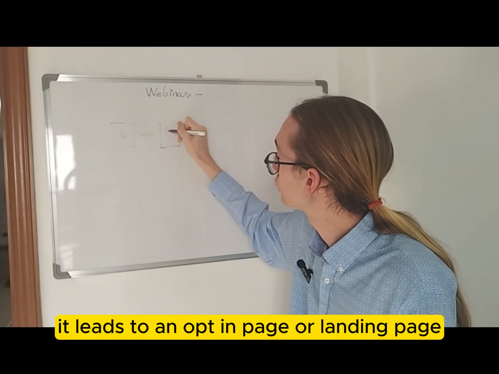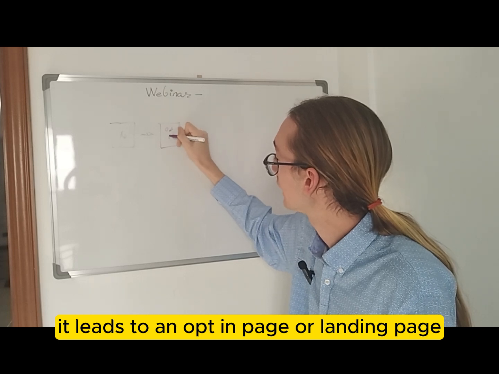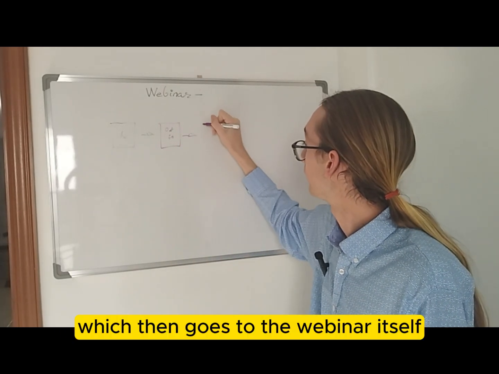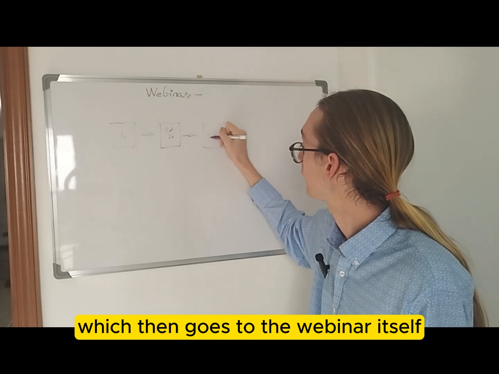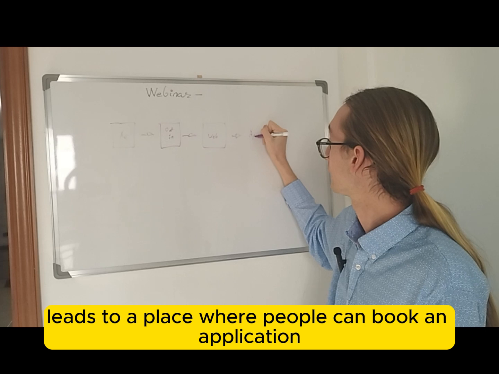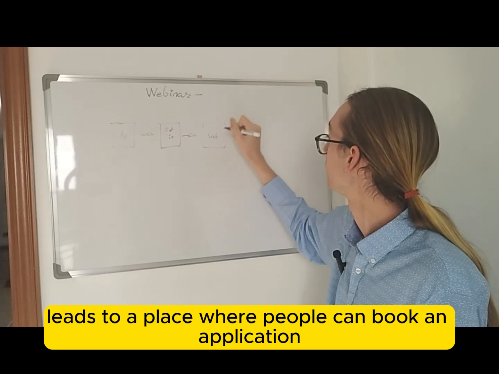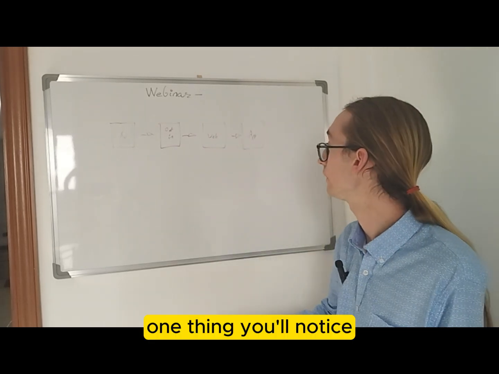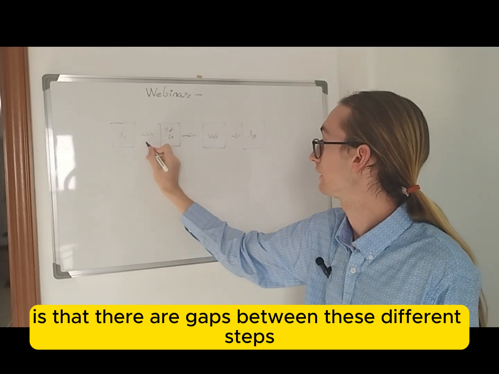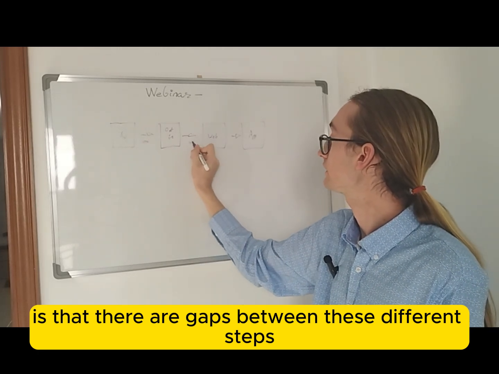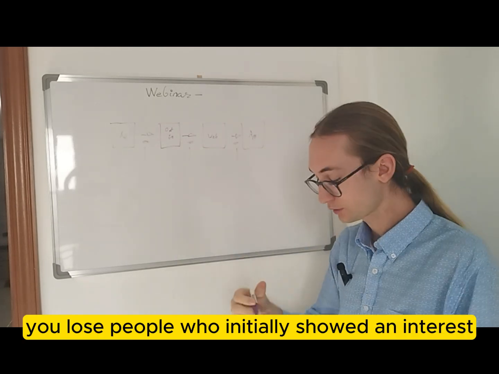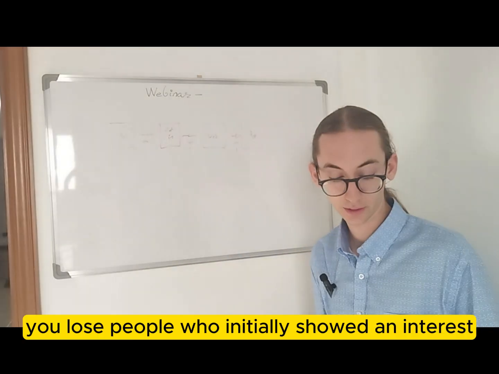It leads to an opt-in page or landing page, which then goes to the webinar itself, and then leads to a place where people can book an application. One thing you'll notice is that there are gaps between these different steps where you lose leads. You lose people who initially showed an interest.